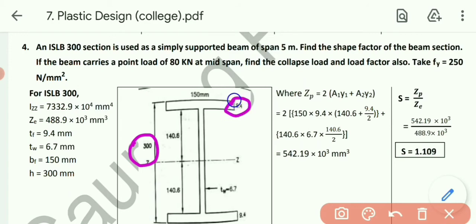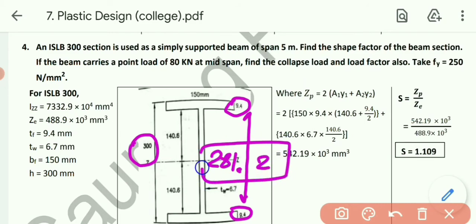Thickness of flange is 9.4 at top and bottom, so out of 300 we have to deduct 9.4 plus 9.4, total 18.8, so ultimately it will be 281.2. This is the depth of the web, and dividing it by 2 we get 140.6. Hope you have got the concept.